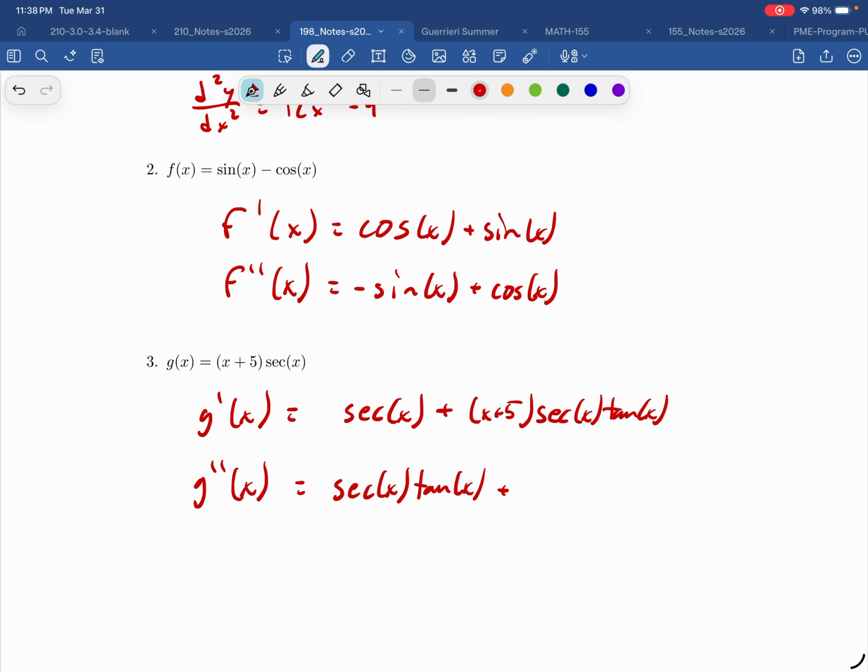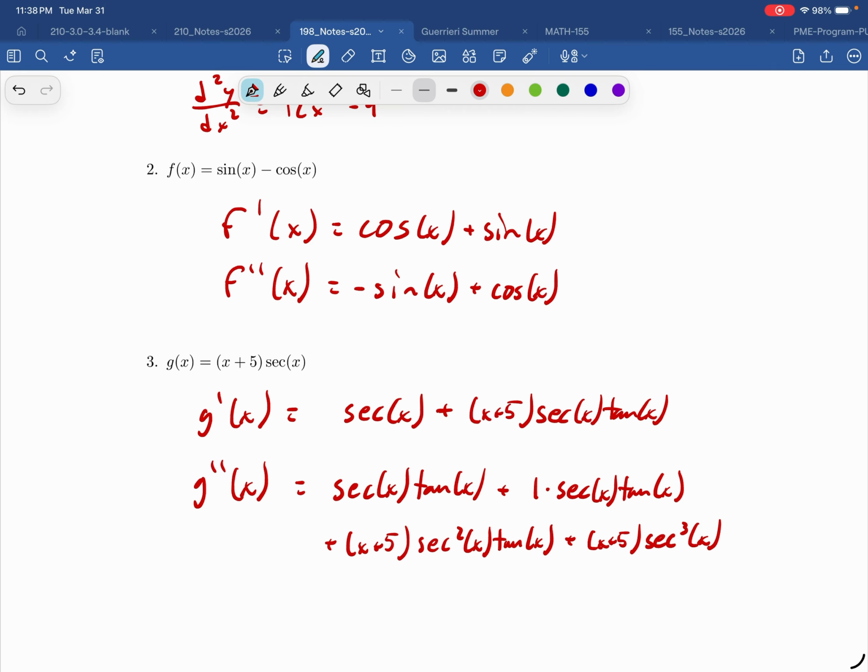And so it winds up being 1 times secant of x tangent of x plus x plus 5 times secant squared of x tangent of x plus x plus 5 secant cubed of x. Gross, right? Sometimes there's just no nice simplification, or it just takes a while.